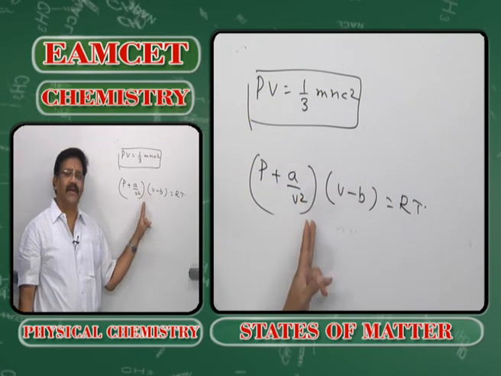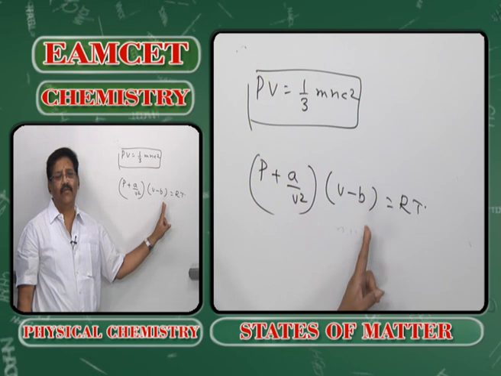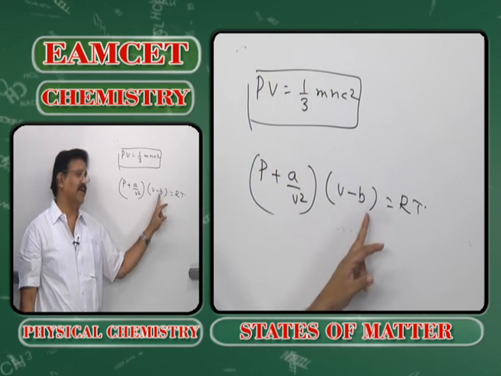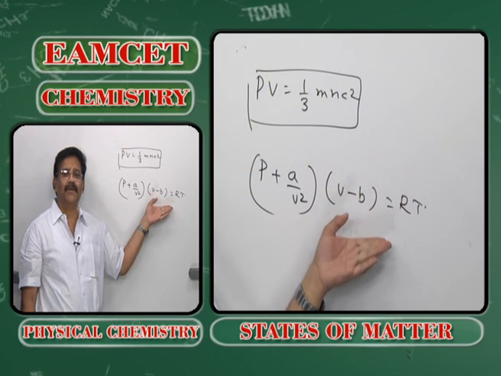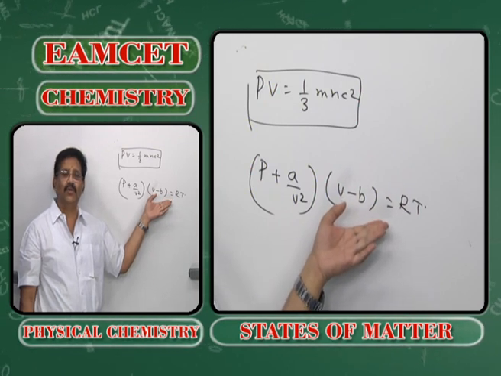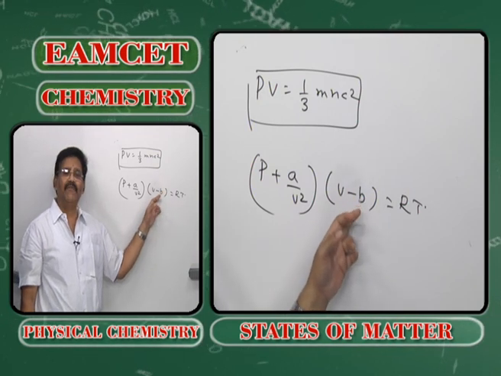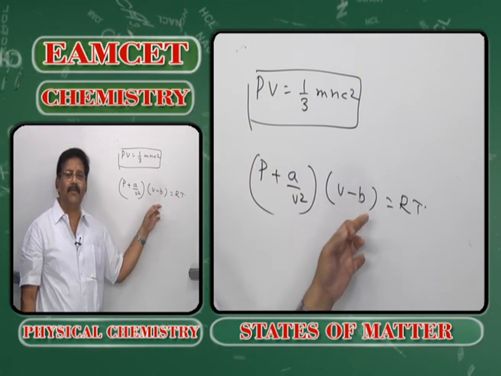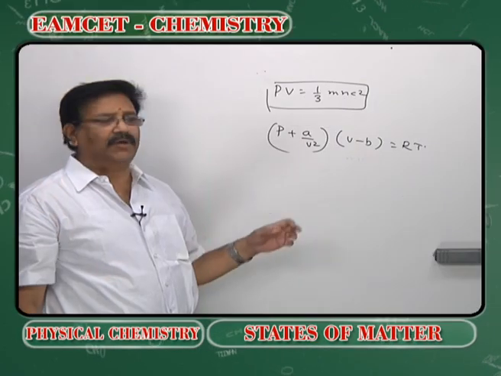So, he has applied two corrections, one for the pressure, one for the volume. Why has he applied a correction for the volume? The space occupied by each gaseous molecule will not be available for the free movement of the other molecules.